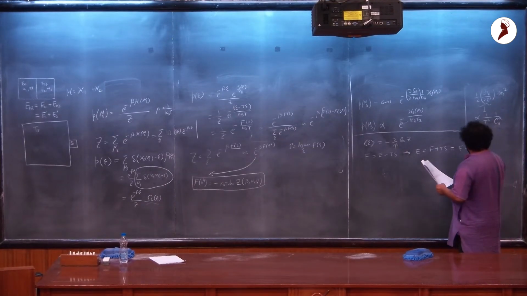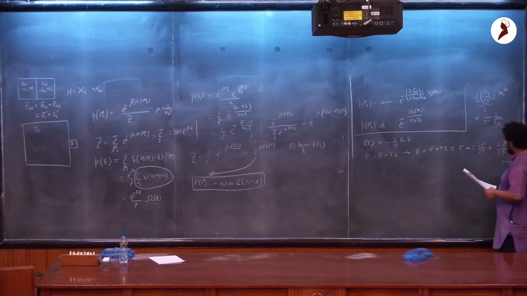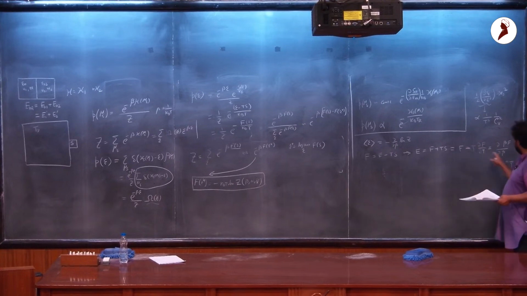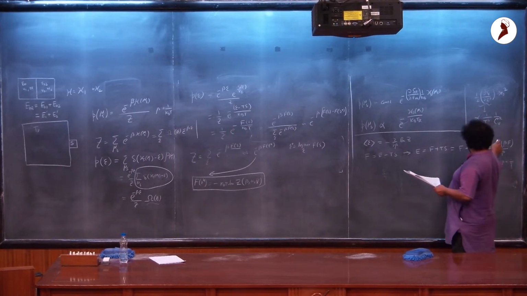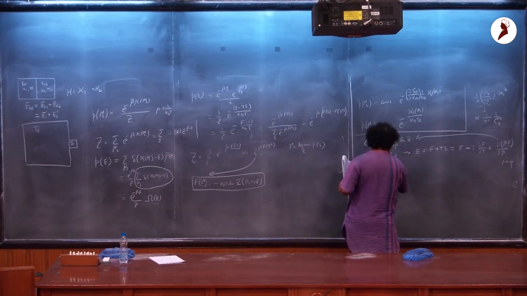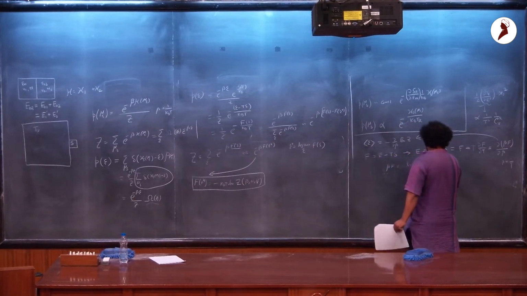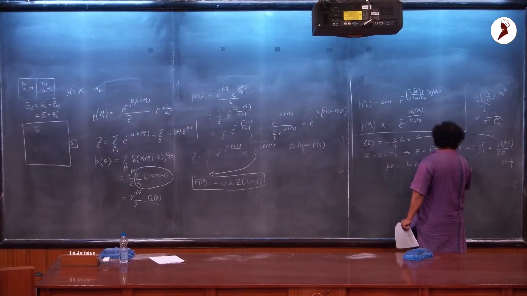Now this you can write as del of beta F by del beta, where beta is 1 over T. And if you relate this and this, you can also say that beta F is minus log Z, which also says that F is equal to minus k_B T log Z.